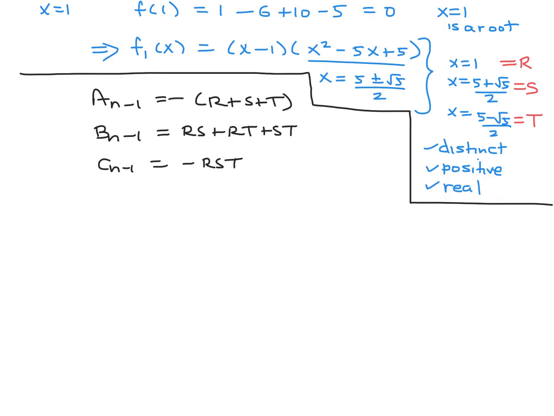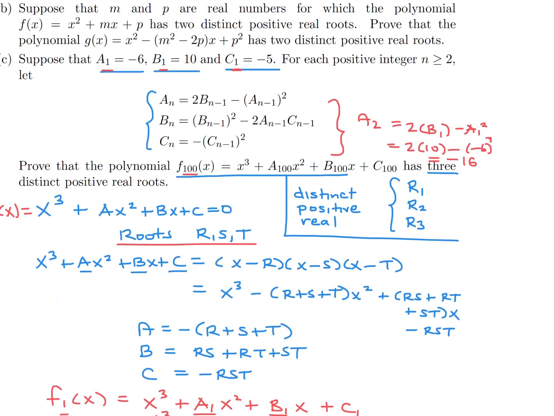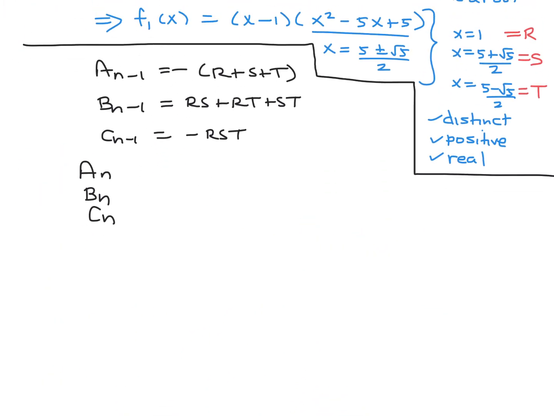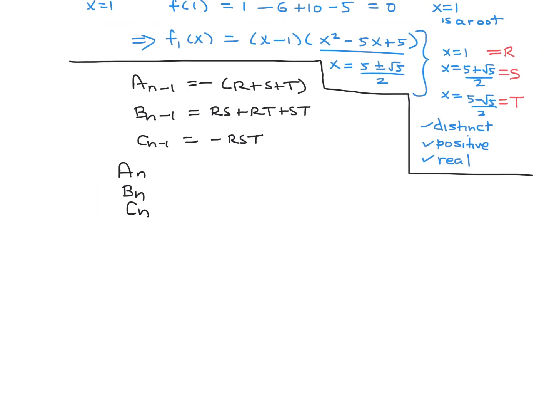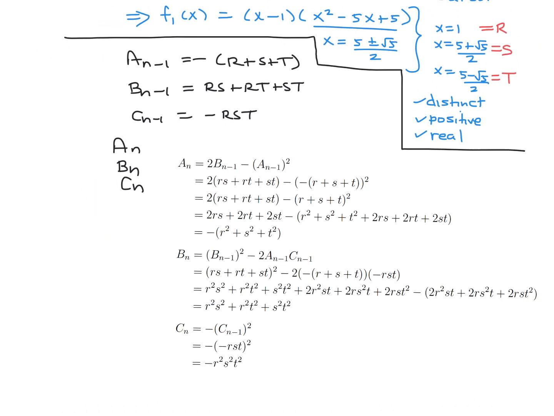But now we have to figure out, using the recursive formulas, the values for just the general an, bn, and cn. So we're going to use these recursive formulas that they gave us up here to figure this out. So here's the calculation. I'll just substitute it in. So if you use those recursive formulas and you grind them all out, you will get that an is equal to this, bn is equal to this, and cn is equal to that.